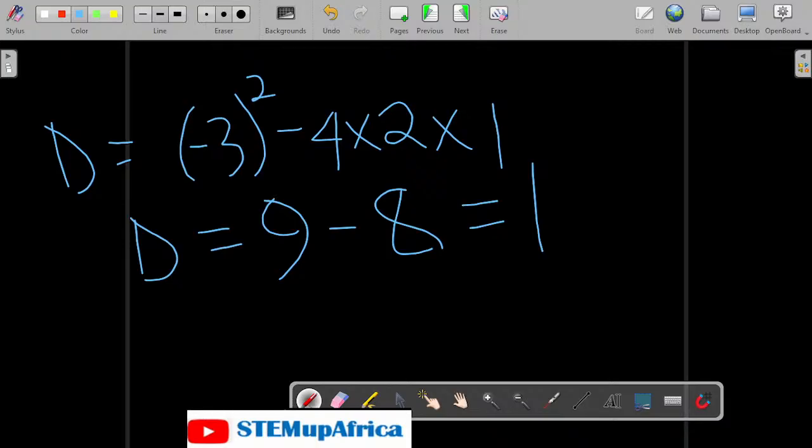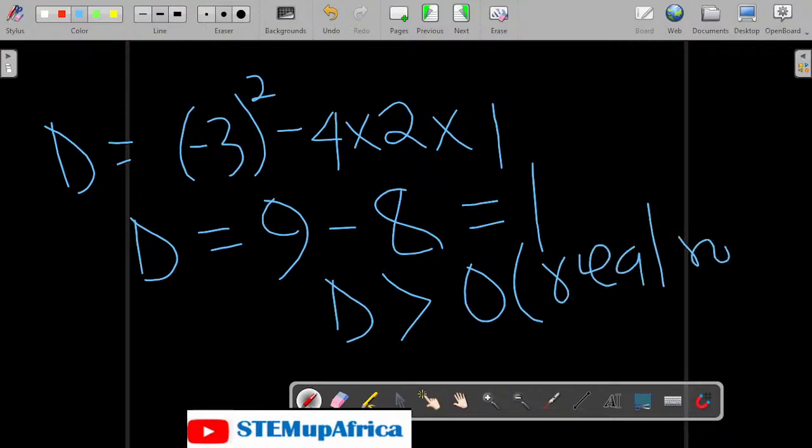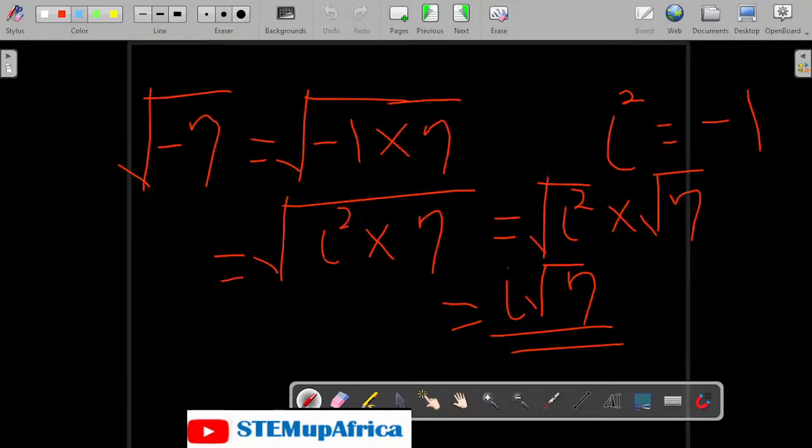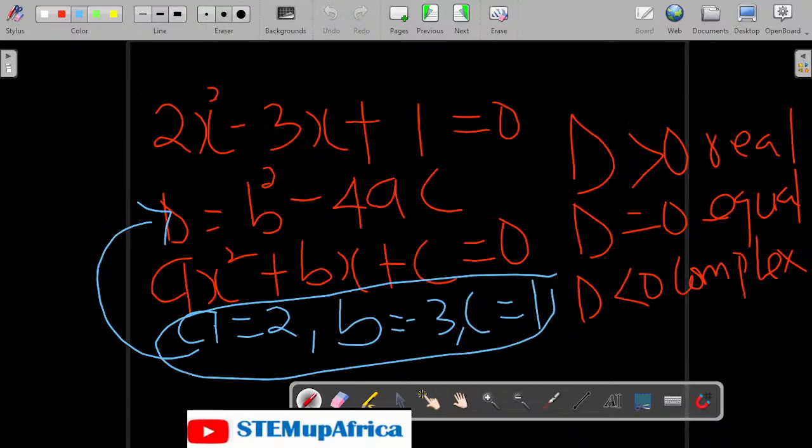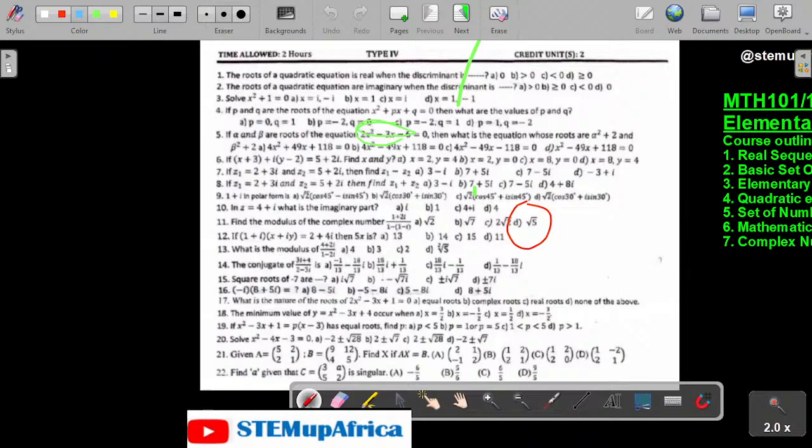So our d is greater than 0. That means it's a real root. That was the condition we stated earlier: if d is greater than 0, it is a real root. 1 is greater than 0, so we can call it a real root. So number 17, the answer is real root, which is option C.